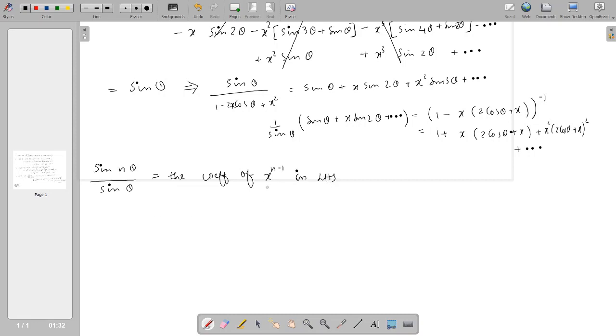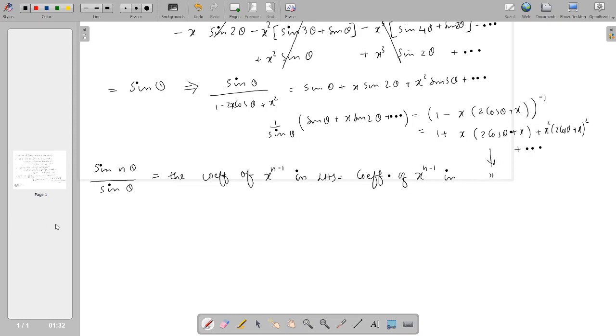Okay, so we need to collect the coefficients of x raised to n minus 1 in this sum, the same sum here.